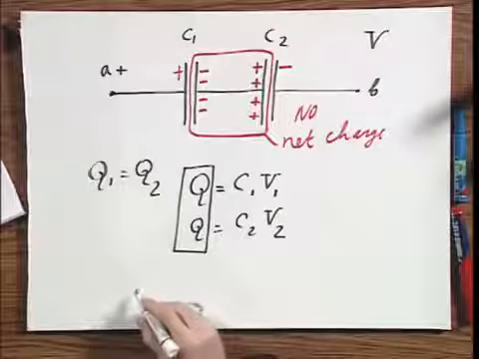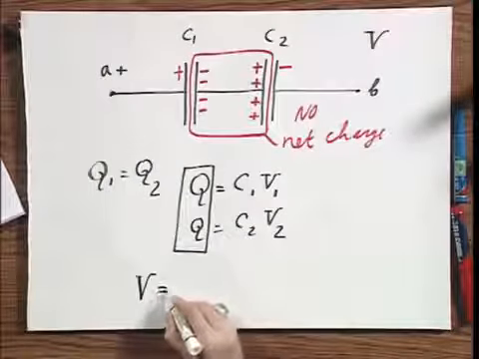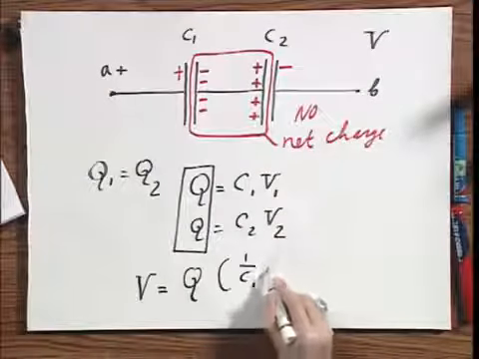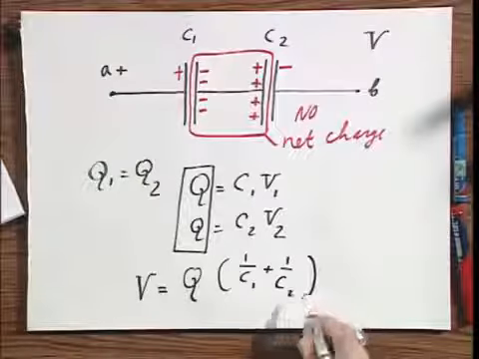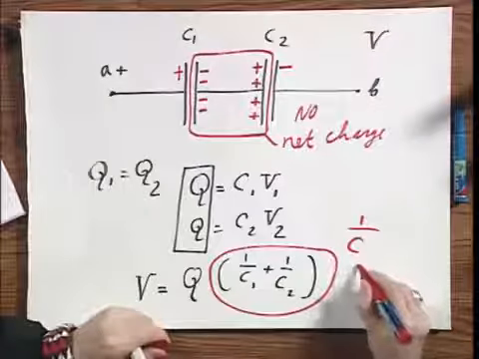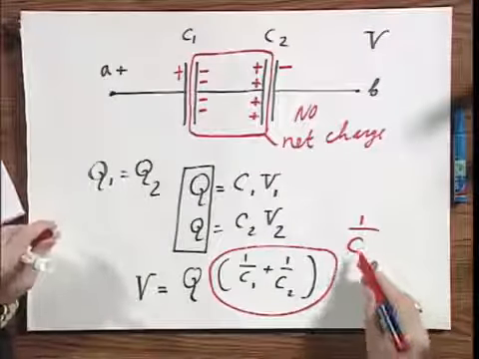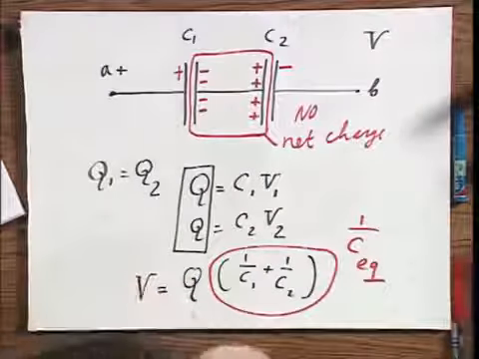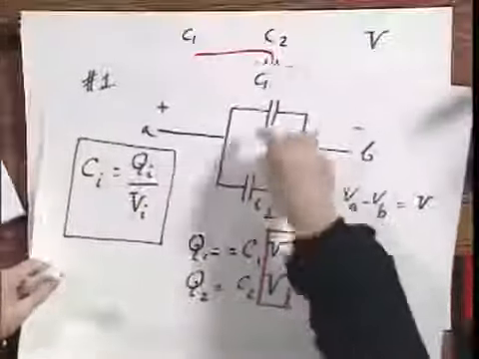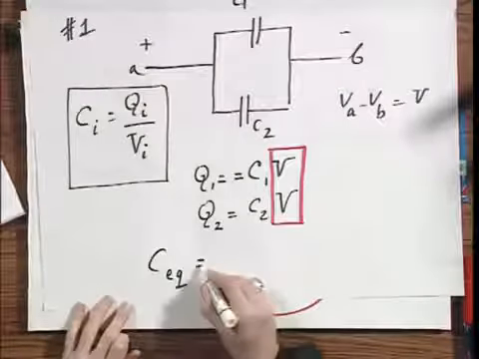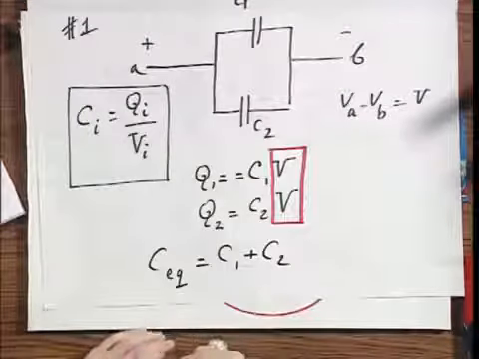If you work this out, then you could easily show that V equals Q times 1 over C1 plus 1 over C2. And this is often called 1 over C equivalent. The C equivalent is, so to speak, replacing these two. If you had a parallel set of capacitors, then that C equivalent would become C1 plus C2. And I'm sure you will have no problems proving that.